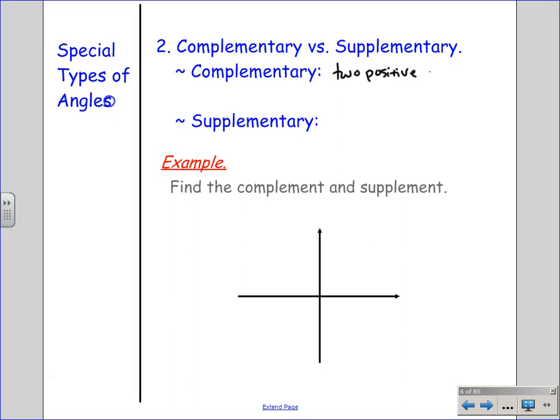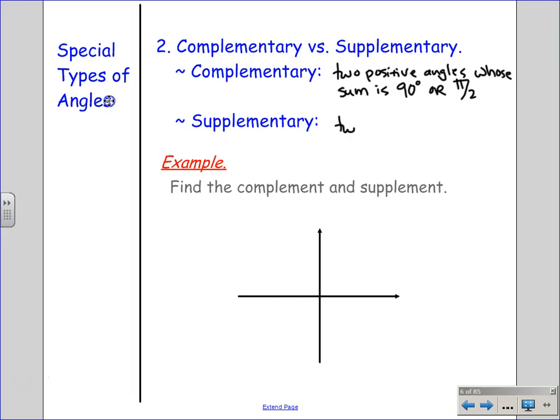I could name them with Greek letters, but I won't. 2 positive angles whose sum is 90 degrees. Oh, wait. We're supposed to be getting used to radians. 90 degrees. How much of a calzone is 90? Isn't that half a calzone? Cool. Pi over 2.